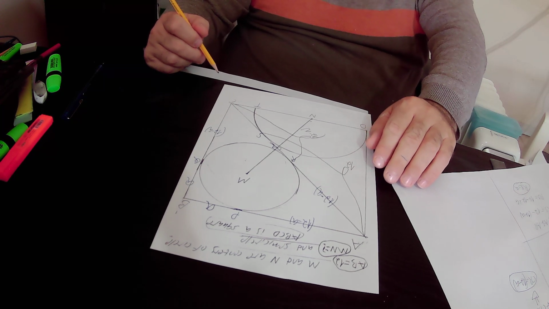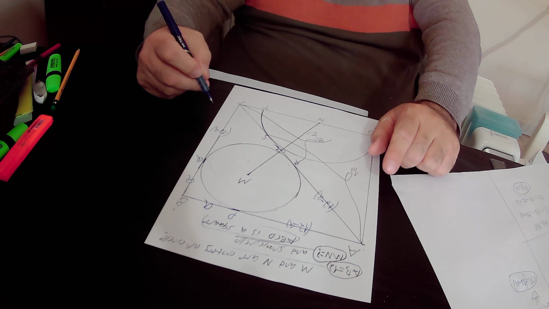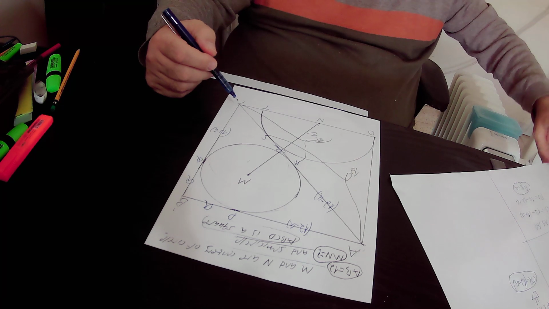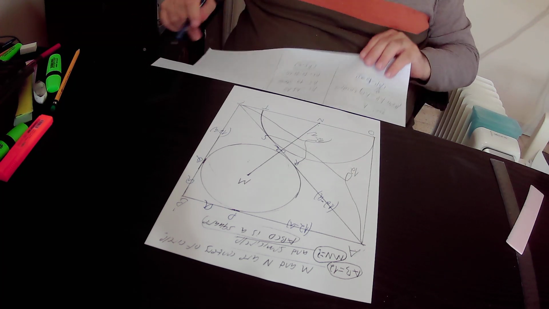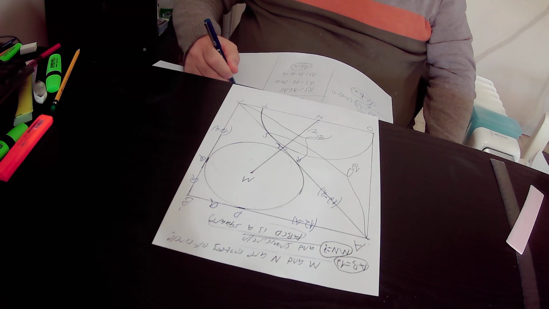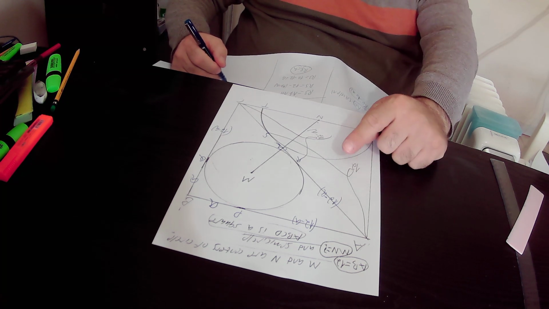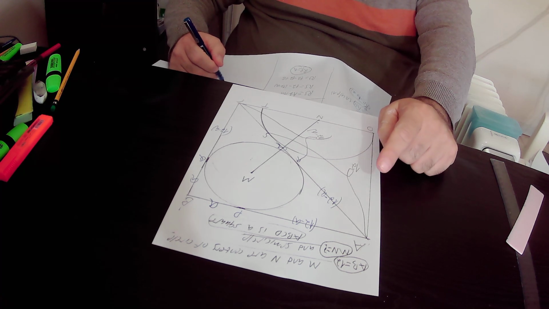And actually, what is the length of diagonal AC? You can see from the drawing that the length of diagonal AC is equal to AR plus RC.